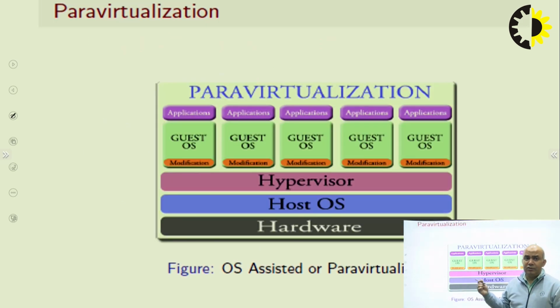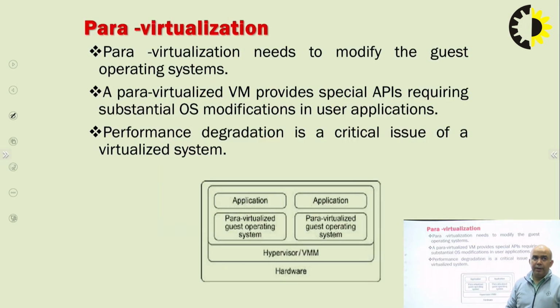This is para virtualization, where we have hardware, a host operating system, and then a hypervisor. Here we have a modified operating system. In full virtualization there is no modified operating system, but in para virtualization the guest operating system needs to be modified.